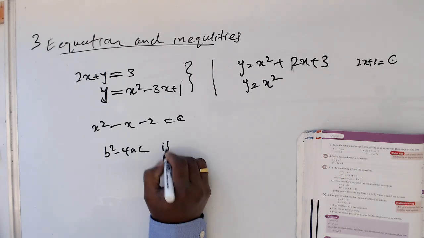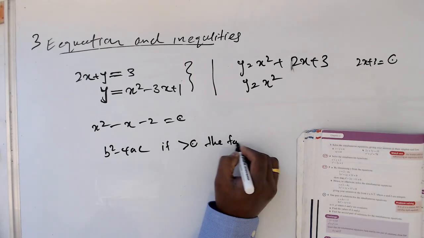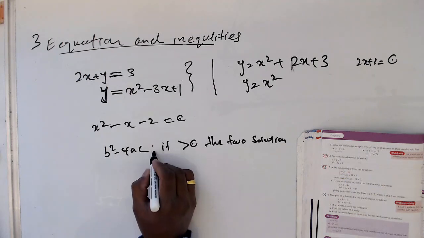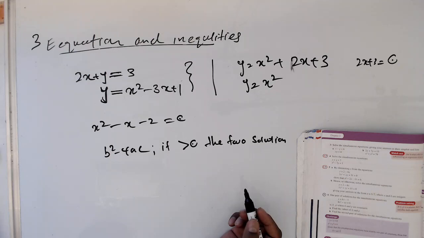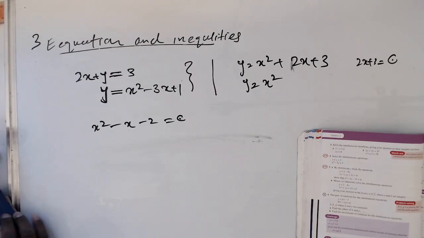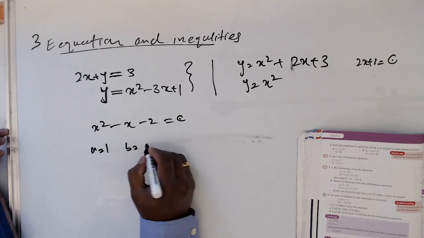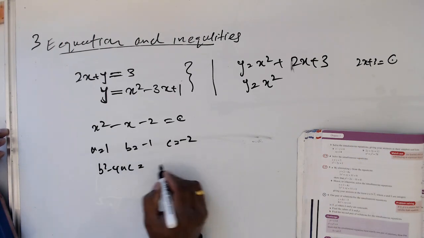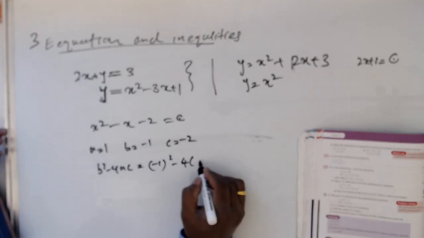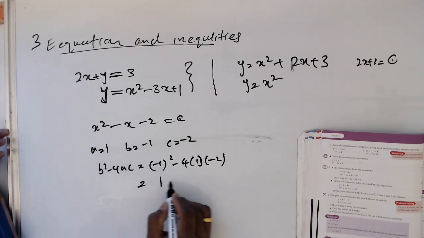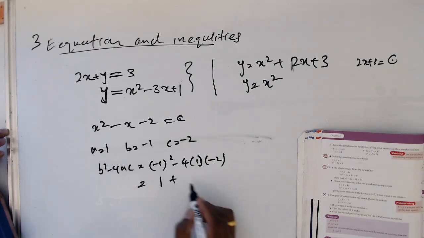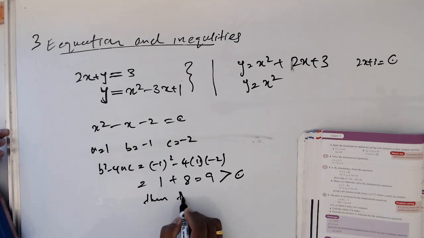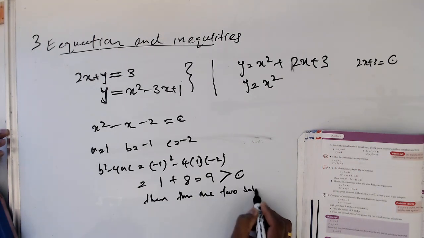And if this value is greater than 0, then there are two solutions. a equals 1, b equals minus 1, c equals minus 2. So b squared minus 4ac is (minus 1) squared minus 4 times 1 times minus 2. So minus times minus becomes plus 8. 9 is greater than 0, so there are two solutions.